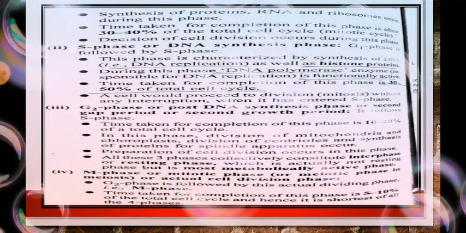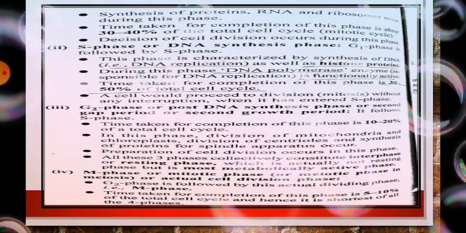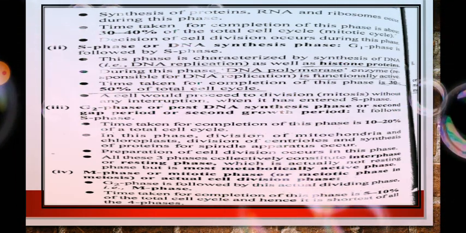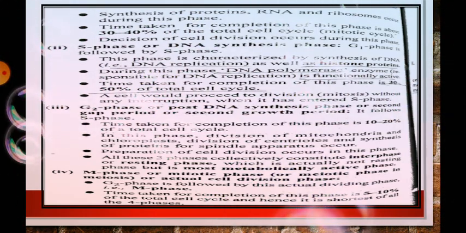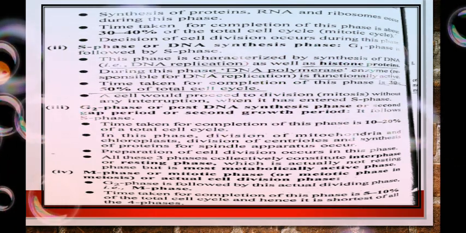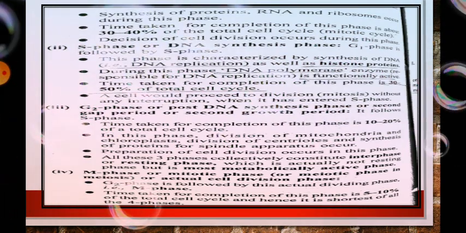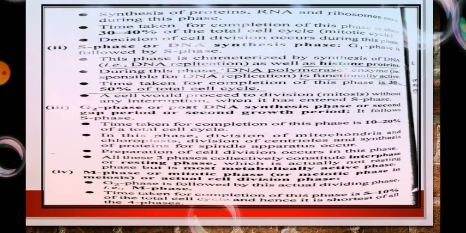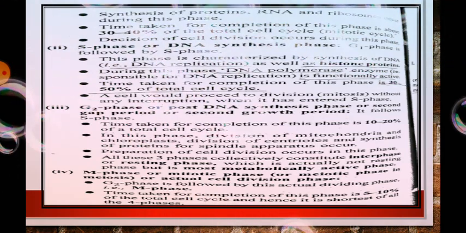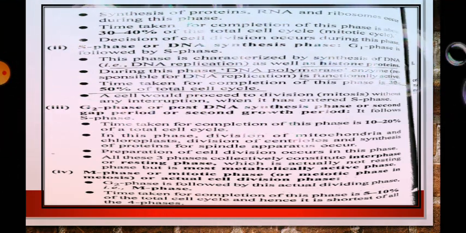So if we consider the total cell cycle to be 31 hours, G1, S and G2 are combinedly known as the interphase, and the M phase is otherwise known as the mitotic phase.